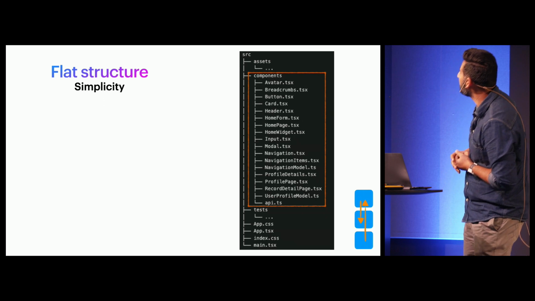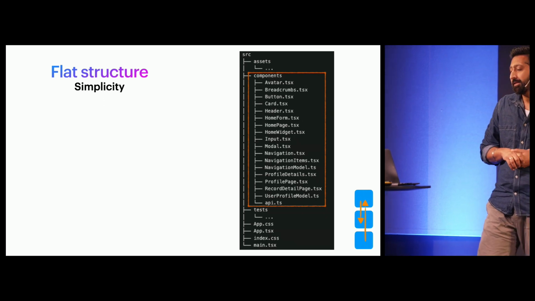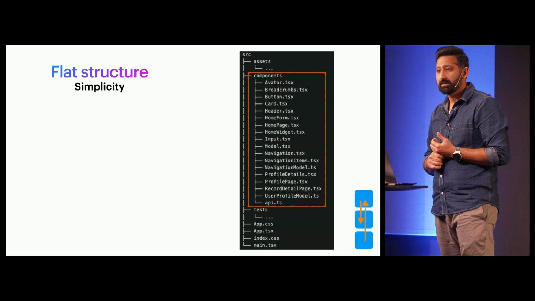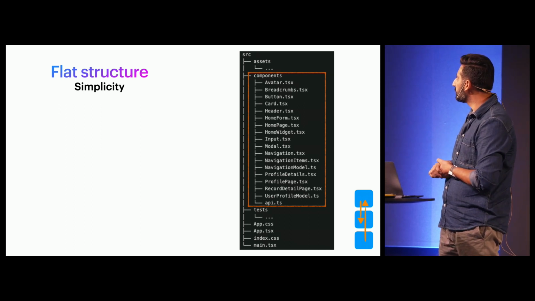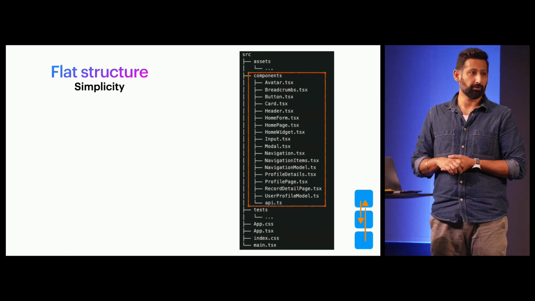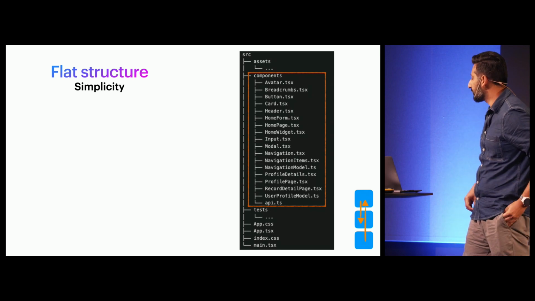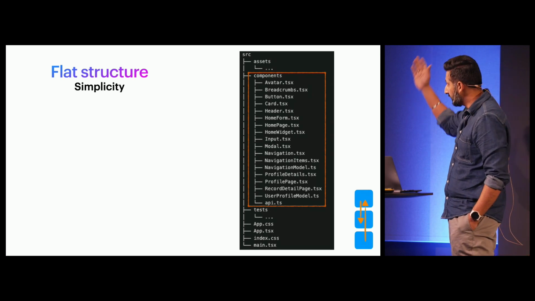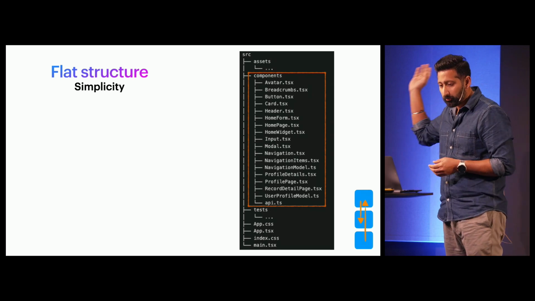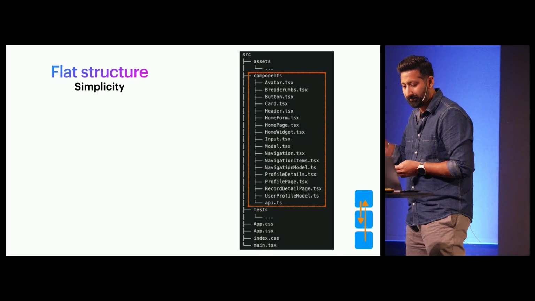Is this readable? Okay. What we're seeing here is something a lot of developers meet very early in their career. It's a very flat structure. This example is based on React and TypeScript.